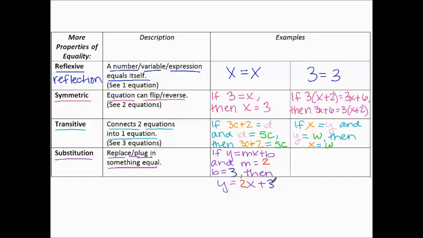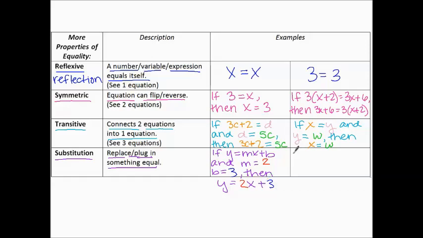Notice for my substitution property, m was equal to 2, so we replaced m with 2 in our final equation here. B was equal to 3, so we took where the b was and replaced it with a 3. That's our substitution property.